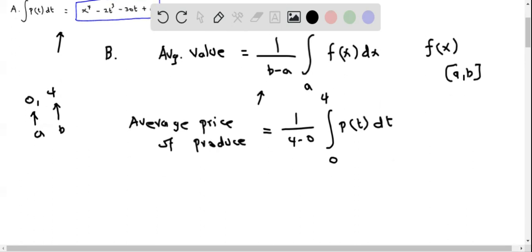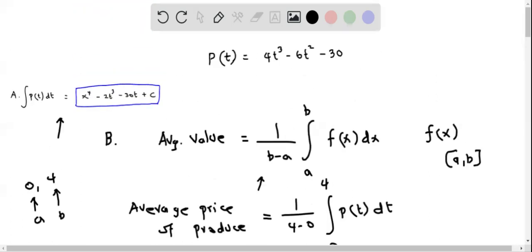And so this equals 1 by 4, the antiderivative of p of t evaluated from 0 to 4.